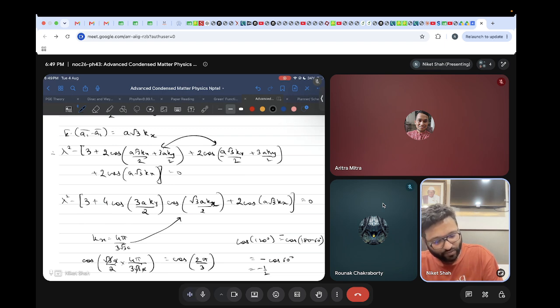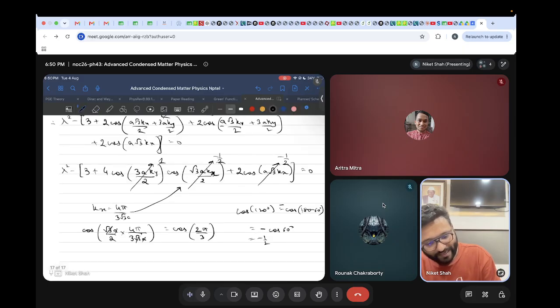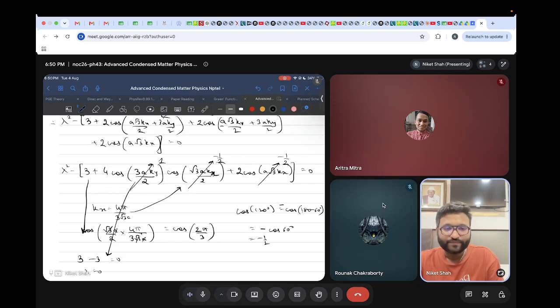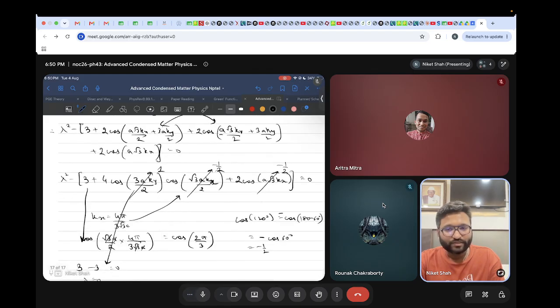Ky is 0, so this is 1, this is minus half, and this is minus half. So what does that give me? It gives me exactly 0, because 3 minus 3, that gives me 0, so lambda becomes 0. So by solving this, basically you find the touching points.